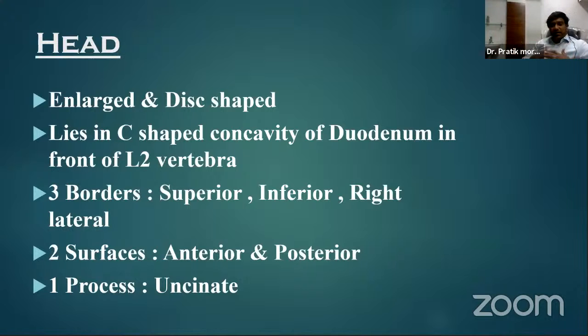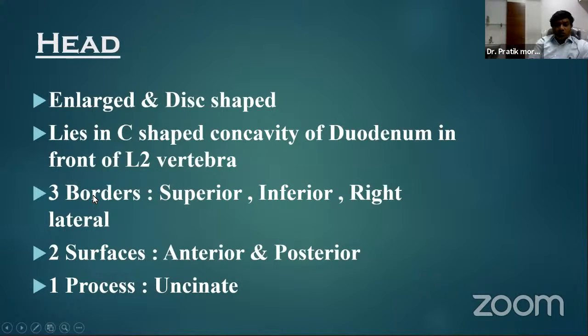Now you have to understand, because anatomy is very essential to understand the relation between the organs. So you have to understand the relations of the borders: what will come in relation to the superior border, the inferior, the right, and the surfaces. This is a simple thing.